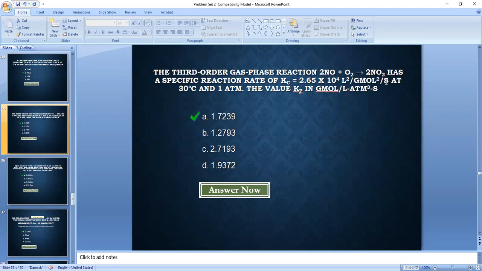How will you do that? How will you convert K sub C to K sub P?